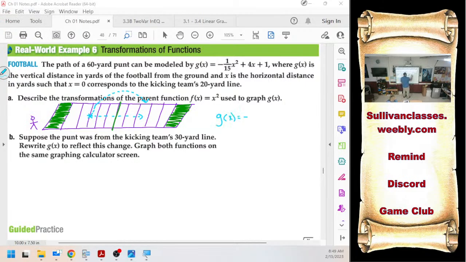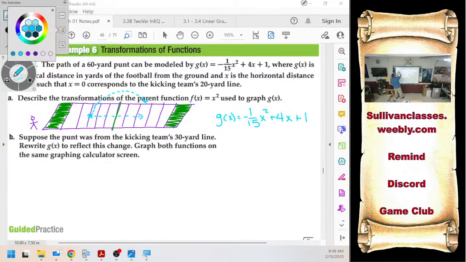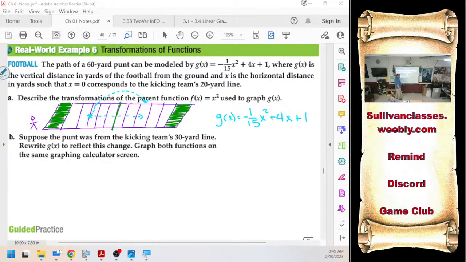g of x is negative 1/15 x squared plus 4x plus 1. To complete the square, I need a perfect number here, so this is a perfect square trinomial. Normally we would say variables on the left, constants on the right, divide everything by a.